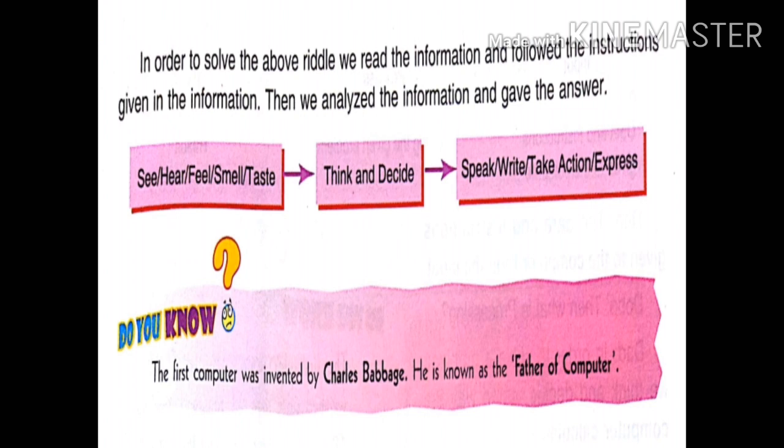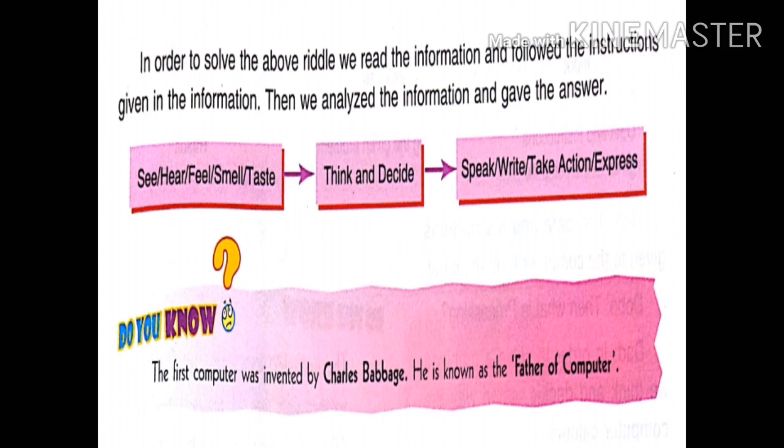Here see, 3 steps are given. First one: see, hear, feel, smell, taste. Then think and decide. After that, the third step is speak, write, take action, express. Now children, for solving any problem, first we have to analyze the information that is given there.